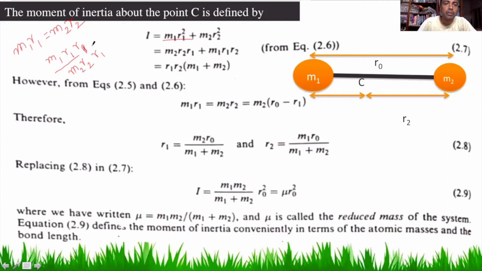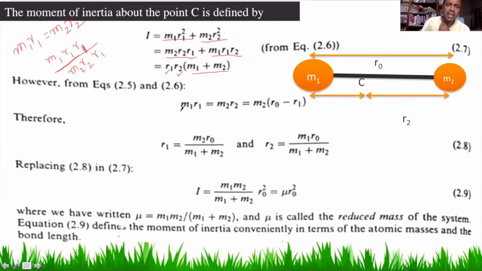Since r1 into r1 is r1 square, I can replace it by m2 r2 r1. Similarly, for m2 r2 square, I can replace it by m1 r1 r2. Now basically r1 and r2 are common in both terms. So when I take r1 plus r2 common, what is left is m1 plus m2.